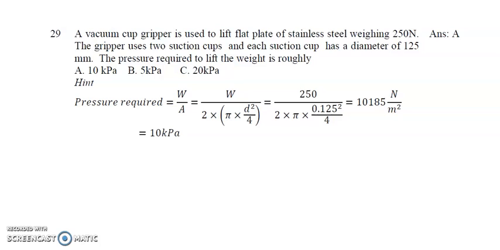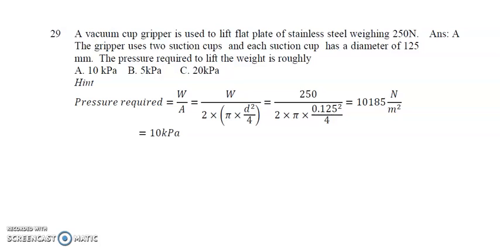Here we are using 2 suction cups, so we have to take twice the area: W by 2 into pi d squared by 4, which is equal to 250 by 2 into pi into 0.125 squared by 4, where the diameter 125 mm is converted into meters.